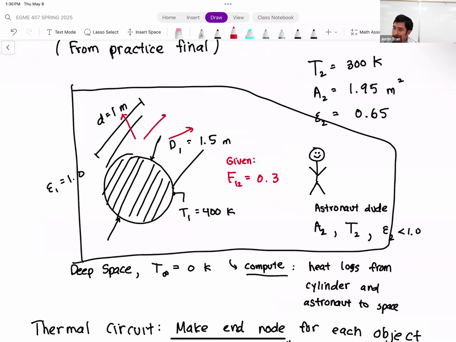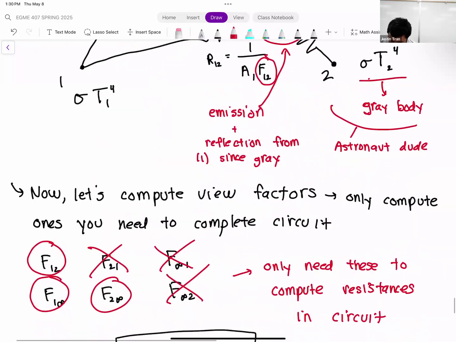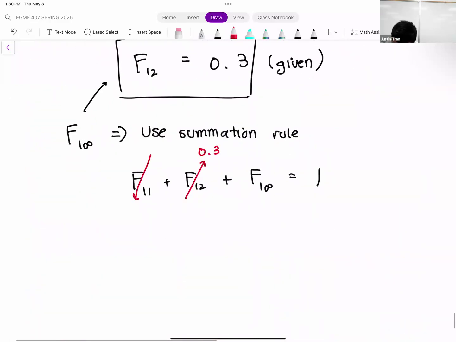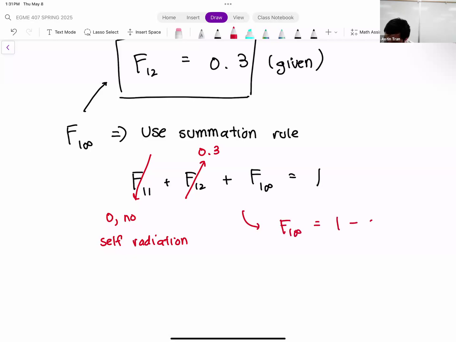And because the cylinder is a convex surface, it's impossible for the cylinder to radiate on itself. And so that just leaves us with one unknown in the problem, which is F1 infinity. And so F1 infinity is equal to 1 minus 0.3, which is 0.7.